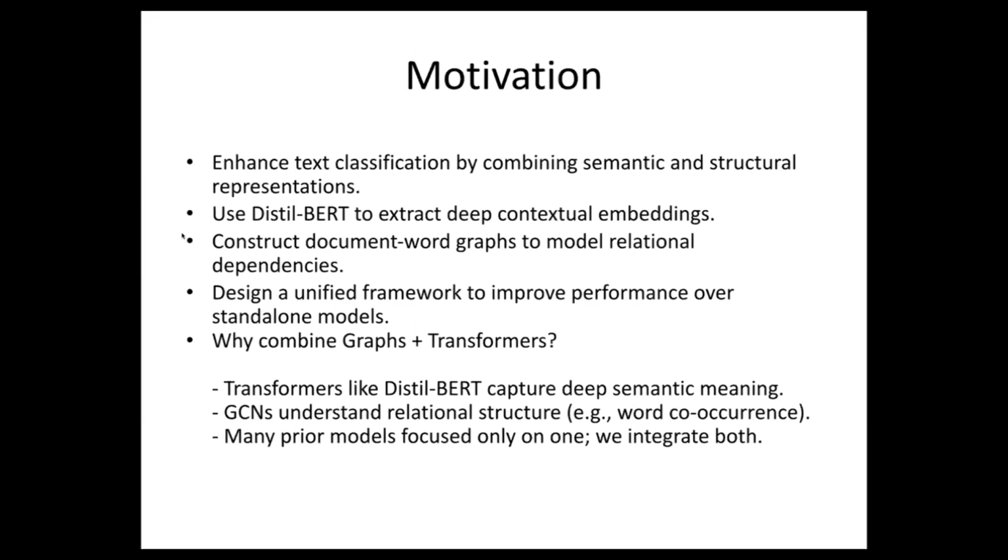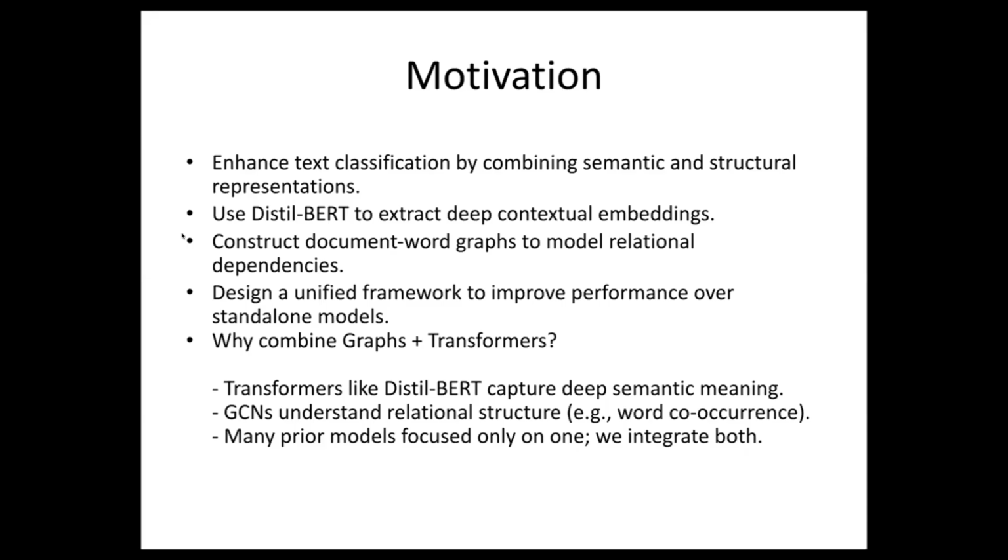Now that we have covered the background, let's cover the motivation of this work. Our key goal was to enhance text classification by leveraging both semantic and structural representations in a single unified model. We used DistilBERT to extract deep contextual embeddings, allowing us to understand the meaning and nuance of language. On the other hand, we built document word graphs to model the structural dependencies, such as how frequently words appear together across a corpus.